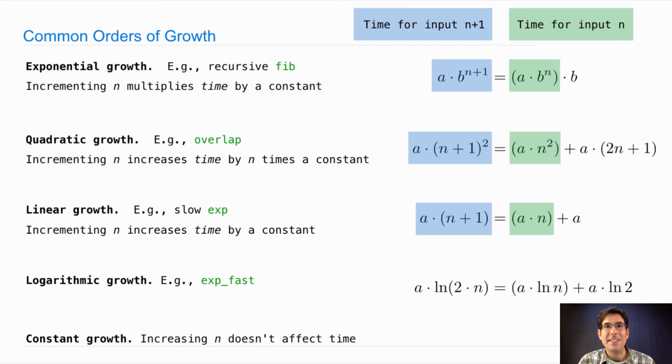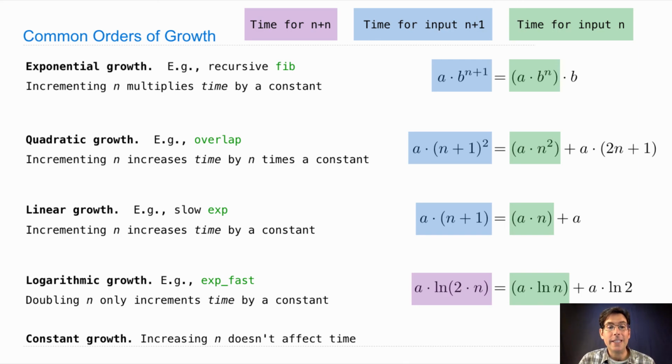Logarithmic growth is the one that scales to really big n. Here we write down an expression for the time it takes to compute the result for n plus n, or 2 times n, is some constant times the log of 2n, which, compared to the amount of time it takes to compute the result for just n, adds some constant. So doubling n only increments time by a constant.